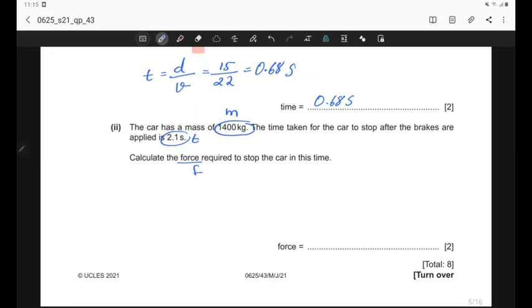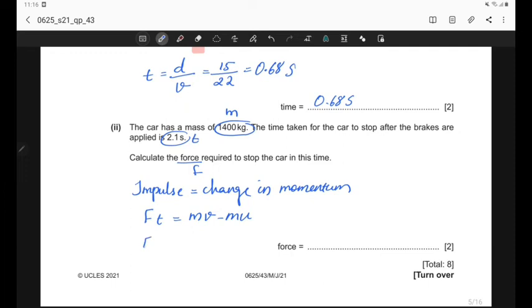Here we can use the equation that impulse is equal to change in momentum, where impulse is the product of force and time, is equal to change in momentum, that is mv minus mu.